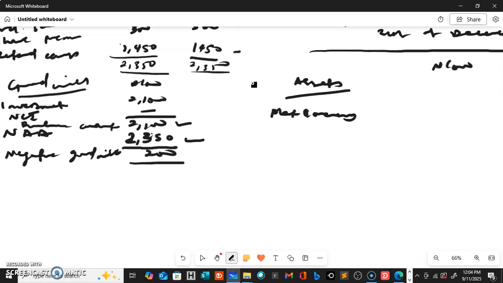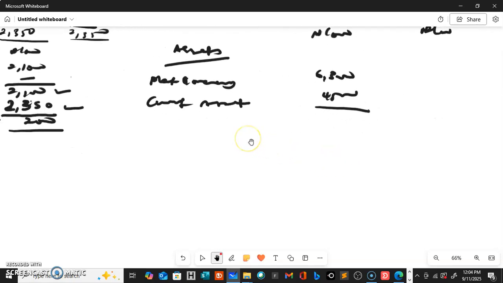From our calculation, we have 6,300, which is 6,300,000. We also have current assets from that calculation, so we have 4,500. At the end of the day, the total assets are 10,800. Okay, so let us move on to the equity and liabilities.